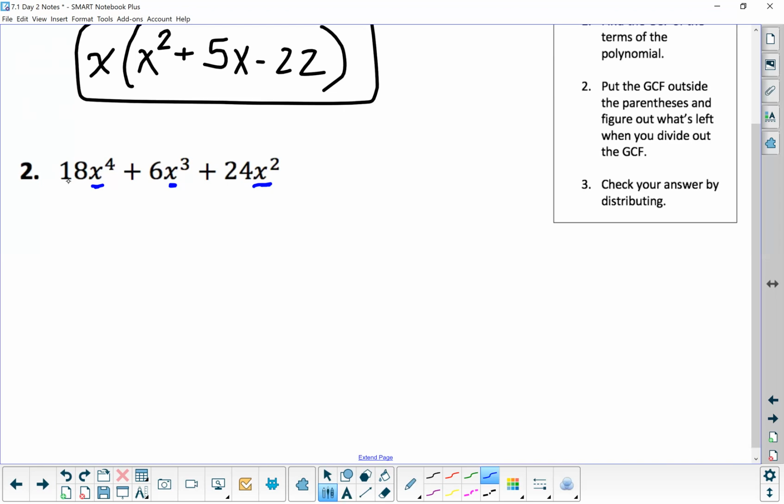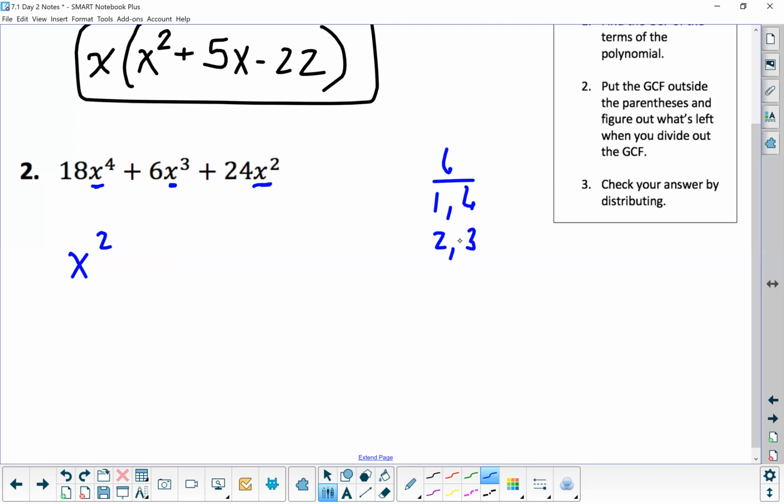In standard form, so we know our last term, that x squared, is going to be part of our greatest common factor. Then we check 18, 6, and 24. Is there a number that evenly divides into 18, 6, and 24? And we could take the smallest number, the 6, and look at its factor pairs. 1 and 6, 2 and 3.